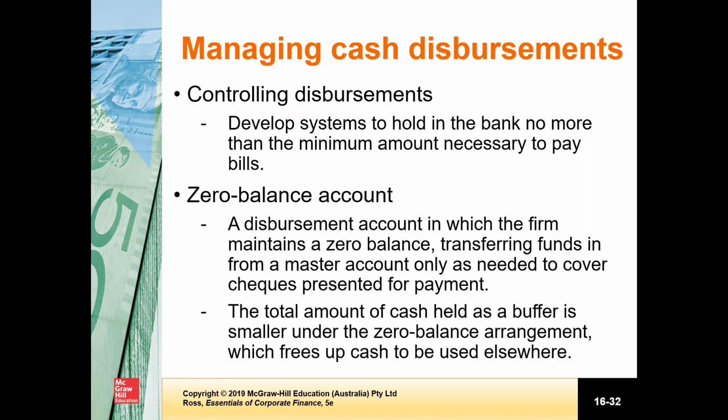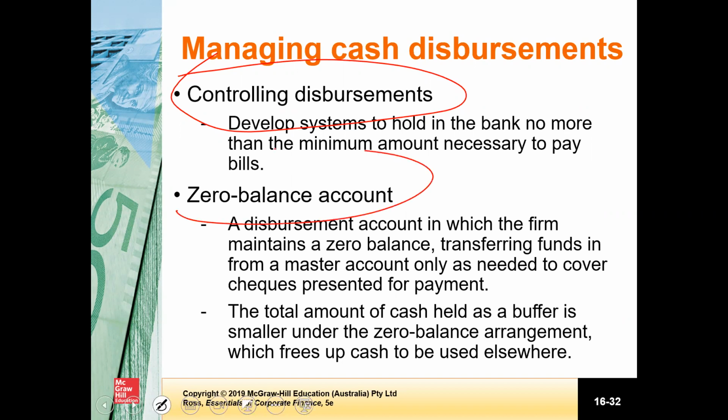Okay, so first of all is controlling disbursement. A firm will wish to tie up as little liquidity as possible in disbursement. Firms have therefore developed systems to efficiently manage the disbursement process. The general idea in such systems is to hold in the bank no more than the minimum amount necessary to pay bills. Okay, so we will discuss some approaches to accomplish this goal next.